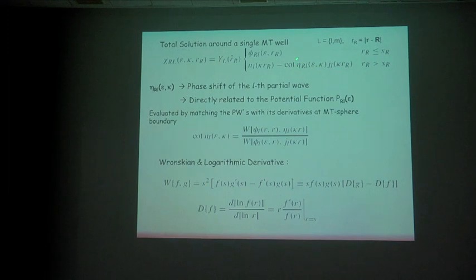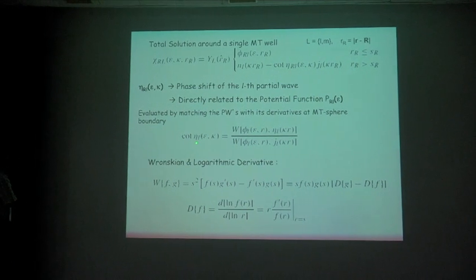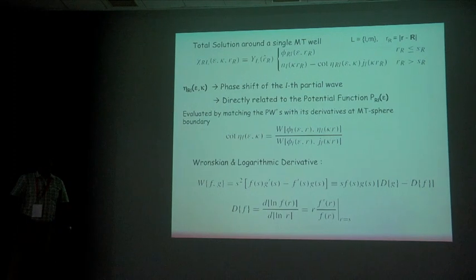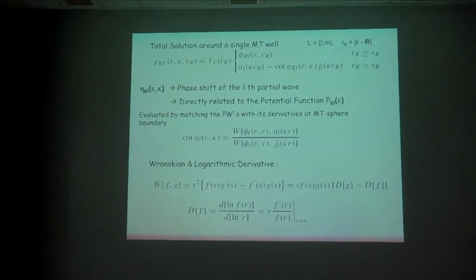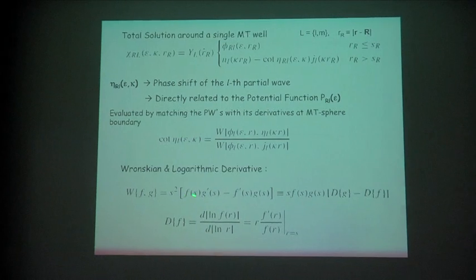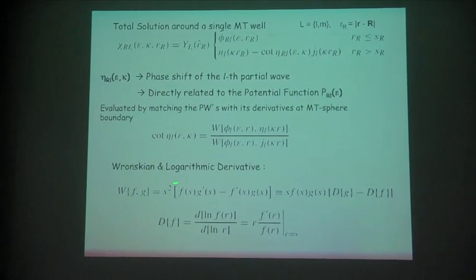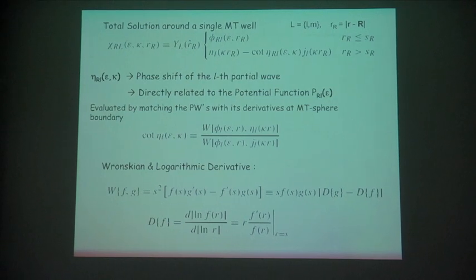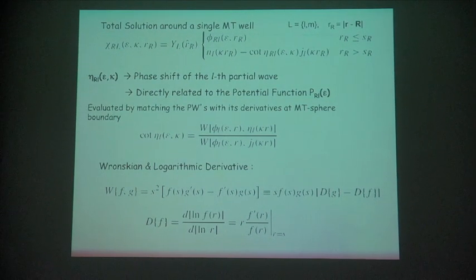So this cot eta RL is the phase shift. Without going into the details, this phase shift is directly related to the logarithmic derivative, which was also mentioned yesterday. The logarithmic derivative can be linked to this phase shift via what is known as a Wronskian.